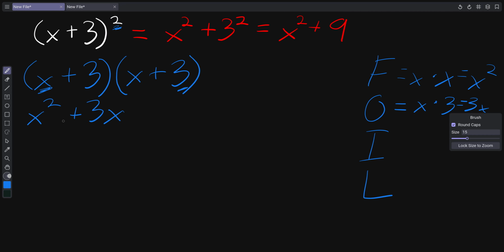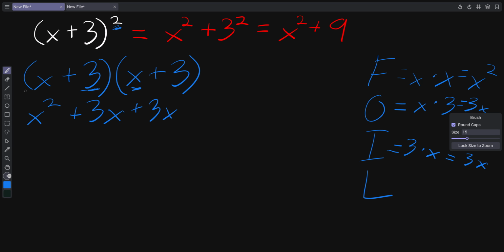Plus 3x. Then we would focus on the inner numbers, which would be 3 and x. So it's very similar to what we've done before. We just multiply 3 times x to get 3x. So we'll add that here.